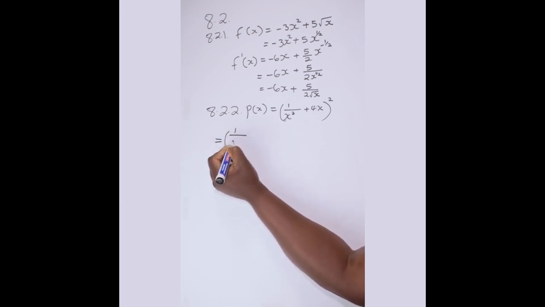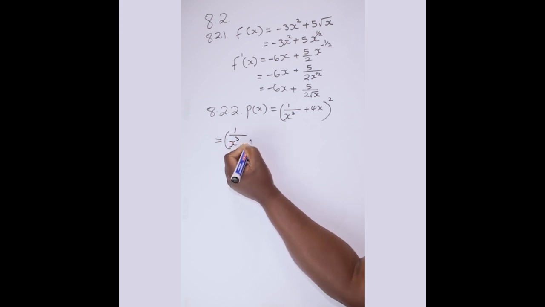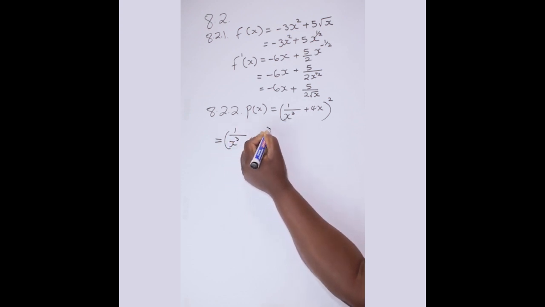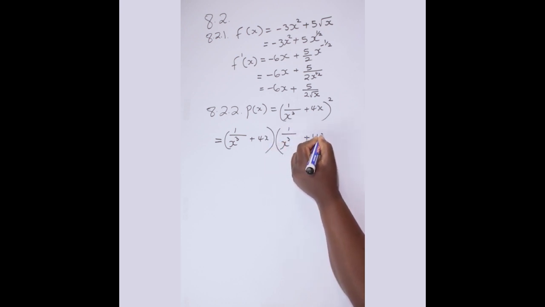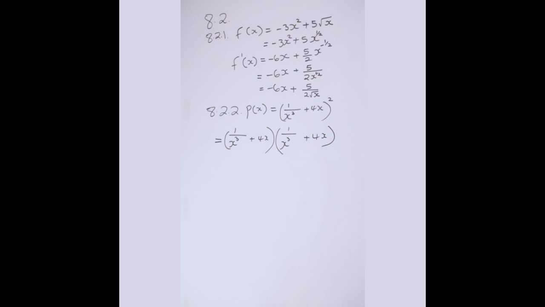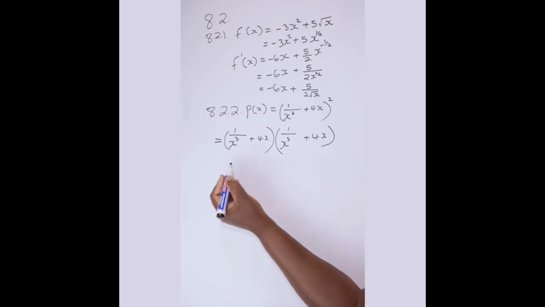When we remove the bracket, we say 1 divided by x cubed plus 4x, and then we open 2 brackets because of the square. That is the only reason we are opening 2 brackets. Then multiply out to remove the bracket.